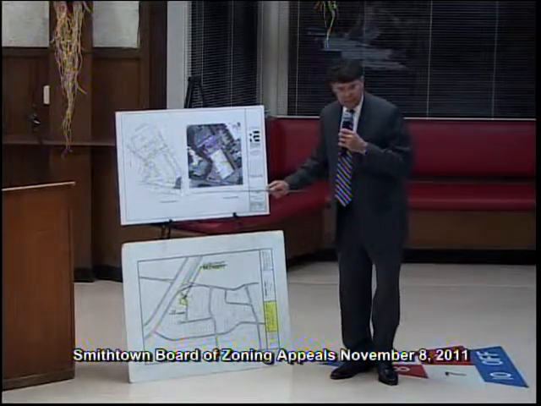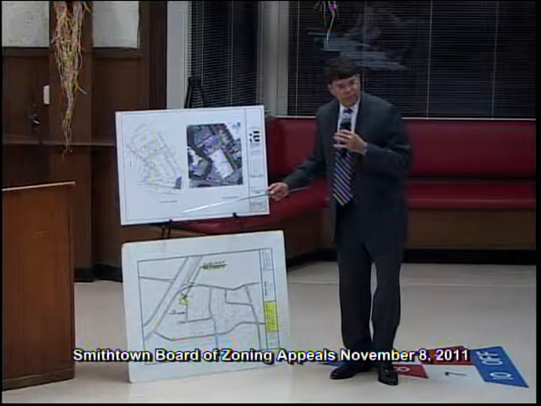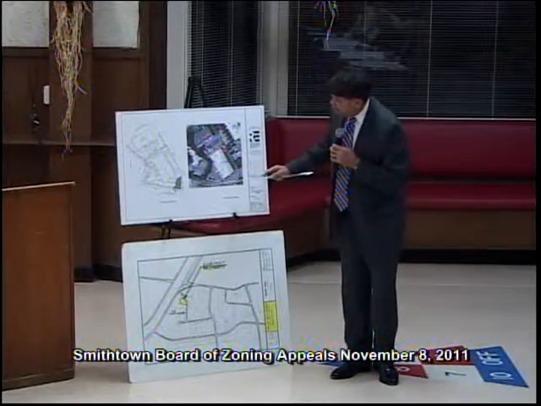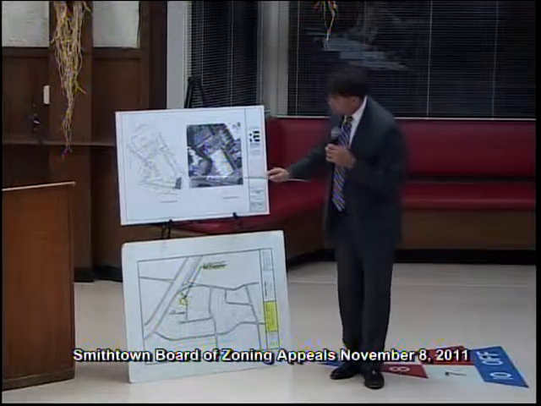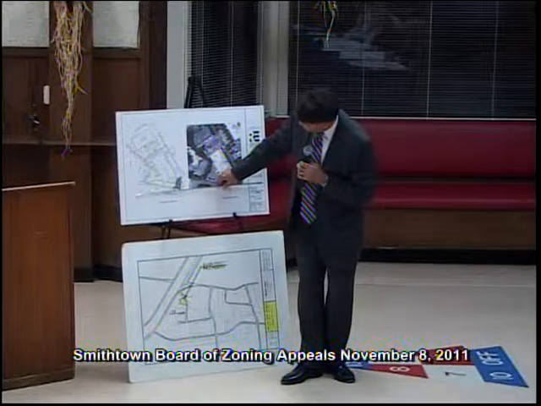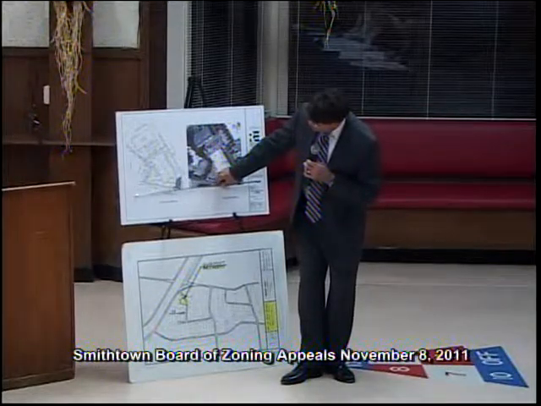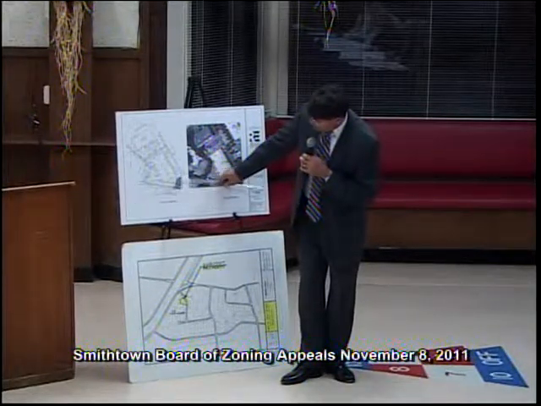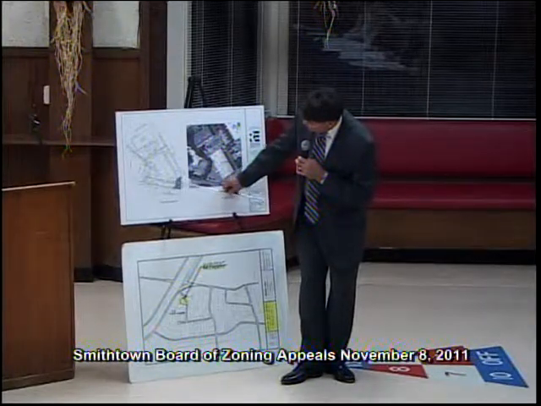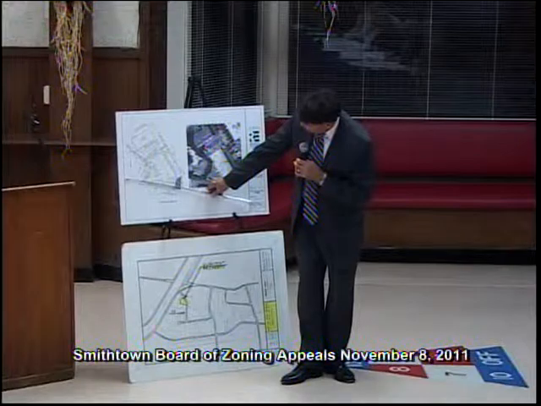Historically, I looked back at one of the very old maps. This property, before my client purchased it, his property went essentially this way, like that. And then at some point, this building was built, and this property was subdivided this way.